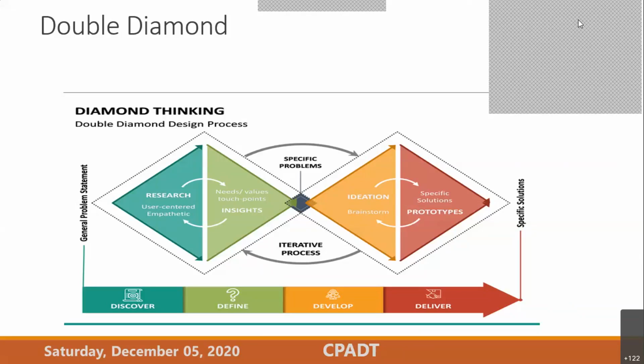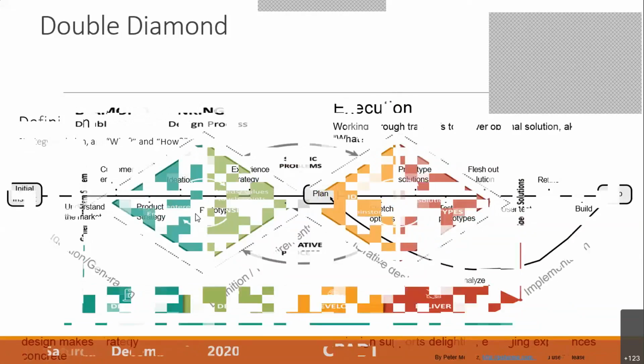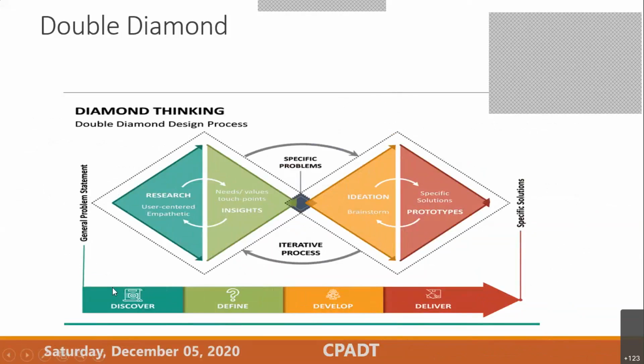Thank you. So any design thinking starts with what is called the double diamond. There are 4 phases in design thinking. The first phase says, discover your problem, define your problem, then come up with developing the ideation, where you try to come up with your ideas.